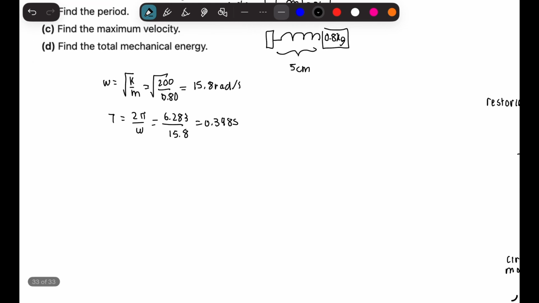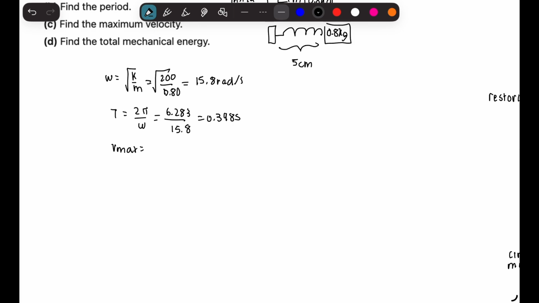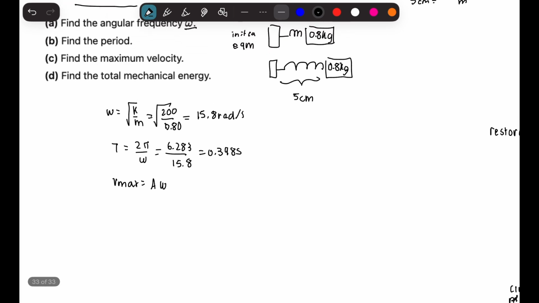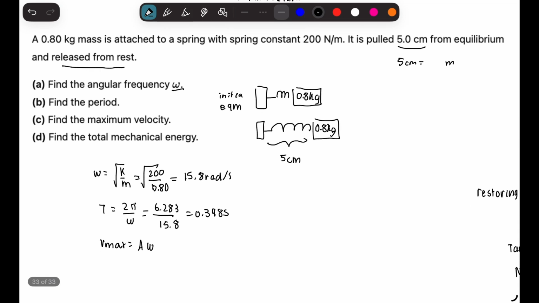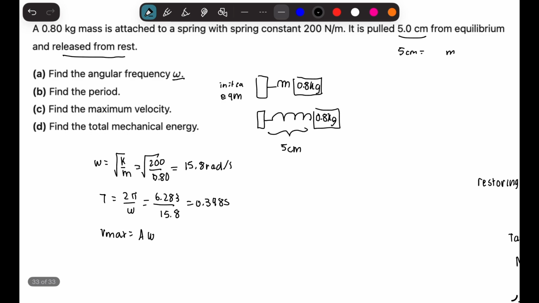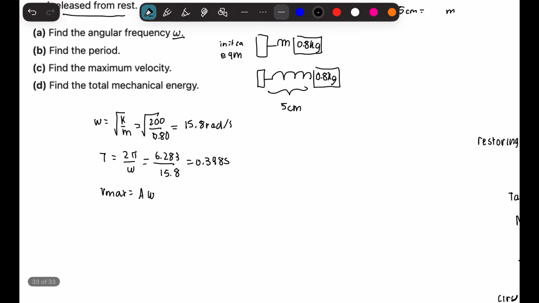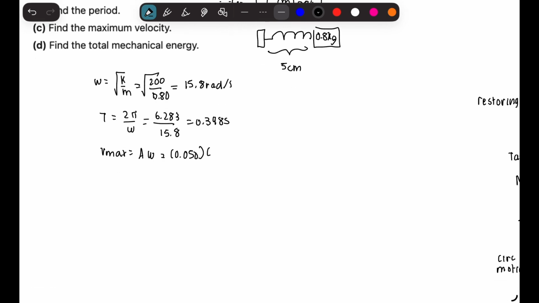We want maximum velocity. So that's amplitude times omega. Our amplitude, 5 centimeters, appears to be our max. So we're going to use 5 centimeters here. That would be its maximum compression and stretch. So that's our amplitude, times omega, which we calculated, 0.79 meters per second.